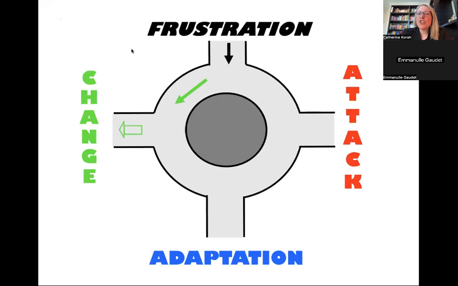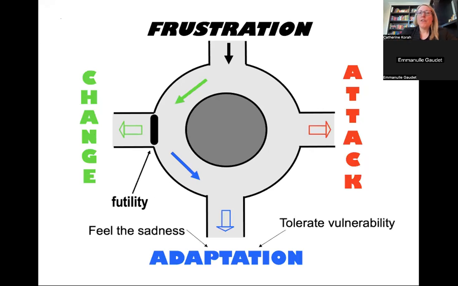This is the change energy, where they're trying to get what they want, or trying to move away from the thing they don't want, and will nag and try to find different ways as they're frustrated, becoming increasingly nagging in order to effect change.